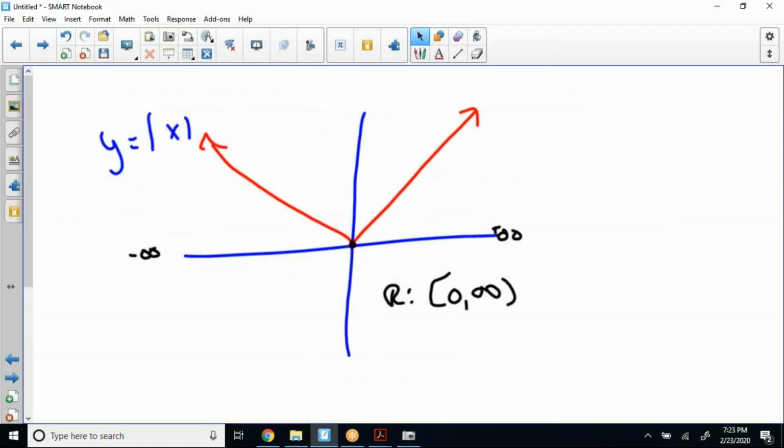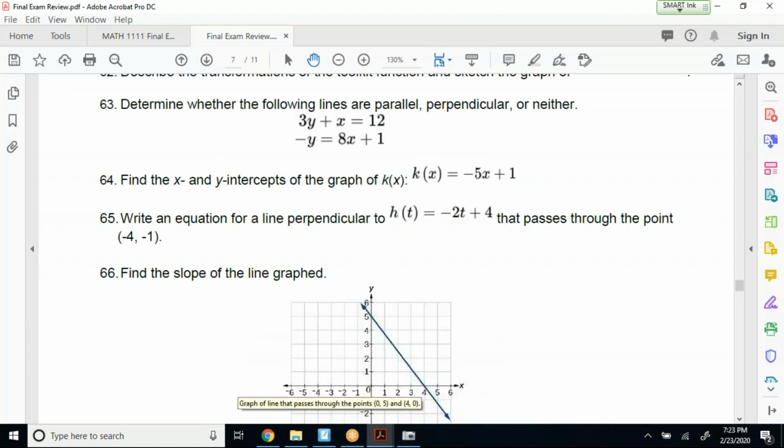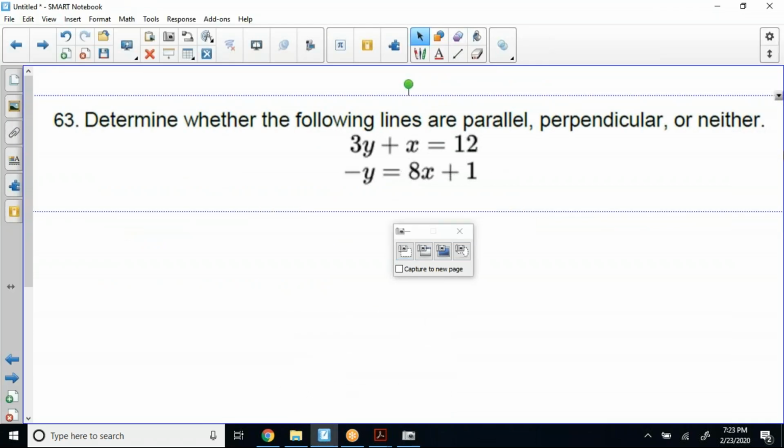So let's look at this. Okay. So if I got to look at this, I got to determine, well, the first one's easy right here because it's almost in slope-intercept form, but it's got a negative right there.